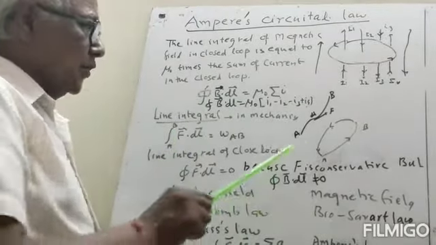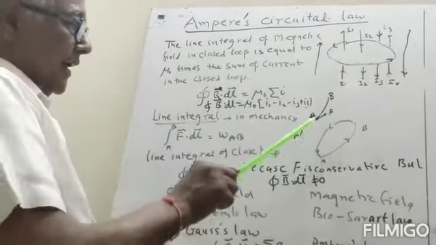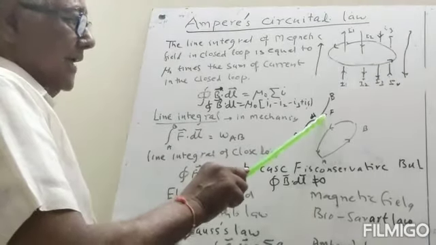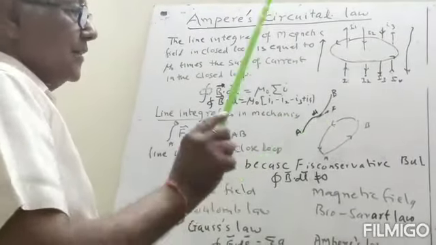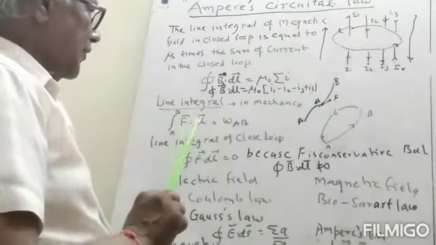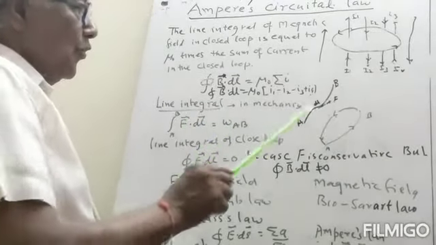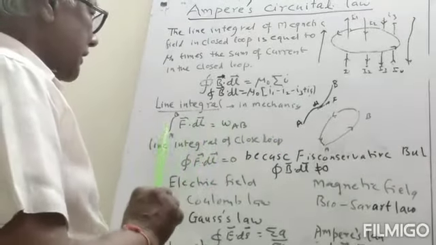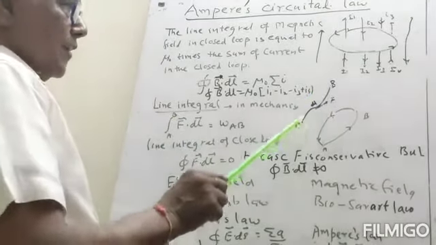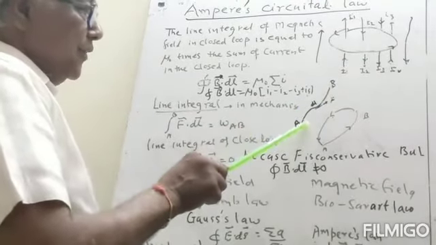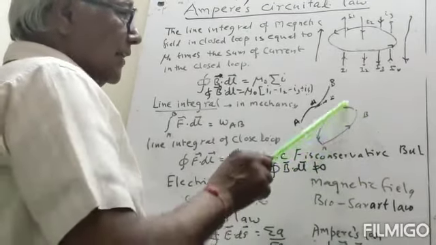In mechanics, suppose this is the field and the force is changing and we are moving from A to B. At this point we take a small distance dl, F is the direction of force, then the line integral, the work done, will be equal to the integral of F dot dl from A to B. Now here it is not a closed path, it is an open path from A to B. A closed path is when we come back from B to A. So if we go from A to B here and B to A here, then it will be a closed path.